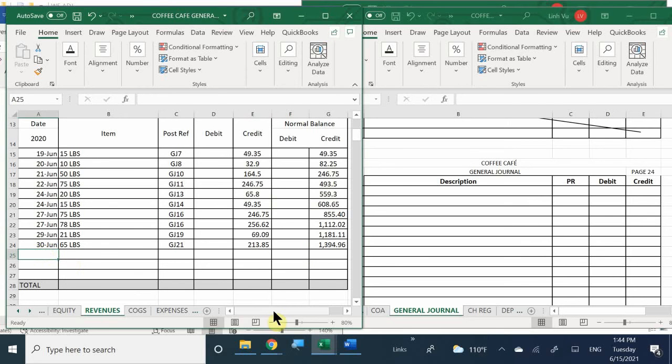If I am closing this account, and I'm on General Journal 24, how do I make this account balance out to zero?